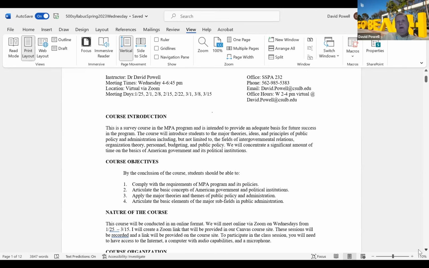Because as a faculty, we sat down and we realized that we have people coming into this course and into the MPA program from a variety of different backgrounds and undergraduate majors. You know, it's not uncommon for us to have engineering students, people with undergraduate degrees in microbiology and chemistry and anthropology and sociology and psychology and criminal justice and history, and really just about any academic discipline works for the MPA degree.